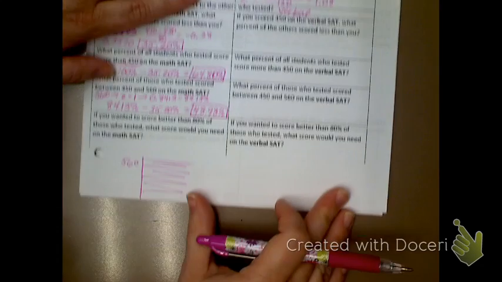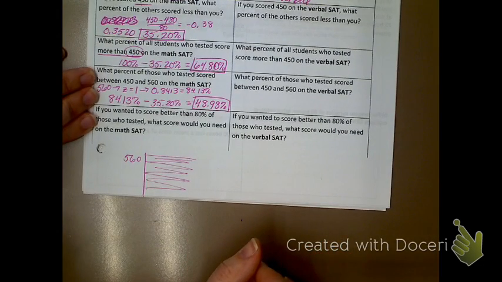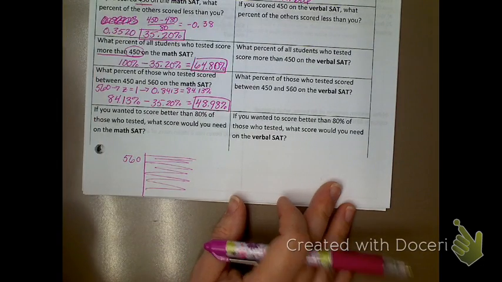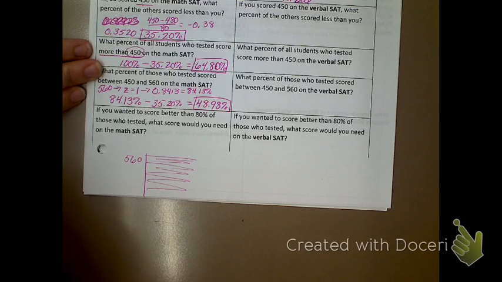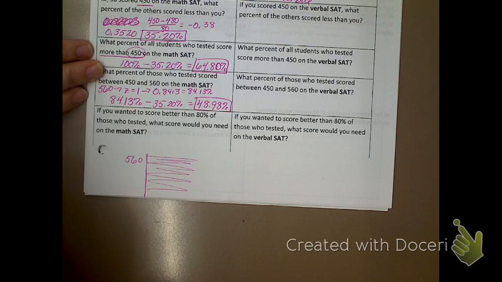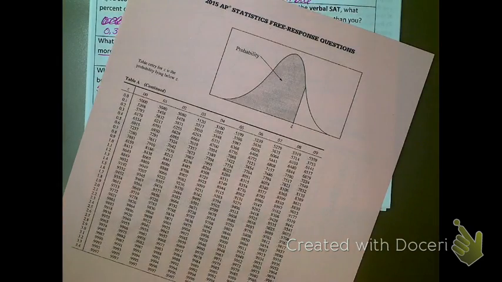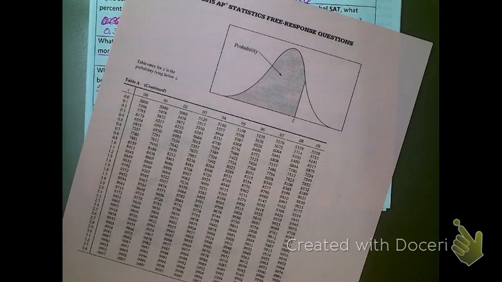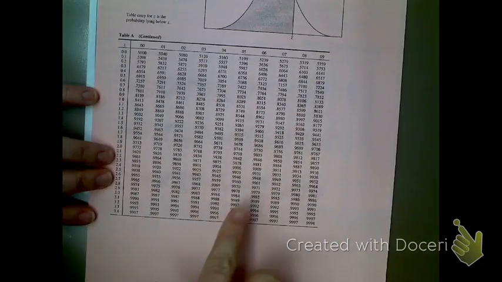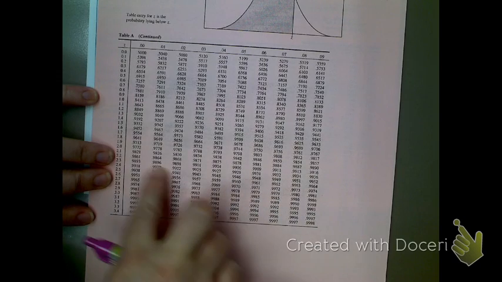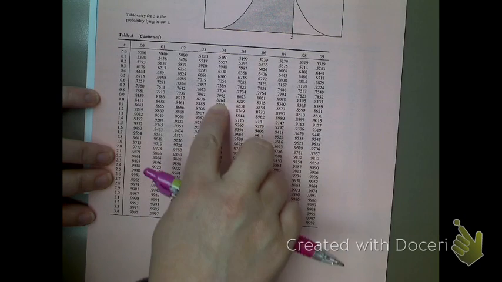If you wanted to score better than 80% of those who tested, what score would you need to have on the math SAT? So, if I wanted to score better than 80%, I need to find the decimal that corresponds with 80%, or as close as I can get to it. So if I kind of follow the pattern, it looks like a bunch of 9s down here, and then it goes to 8s, and then 7, 6, 5.